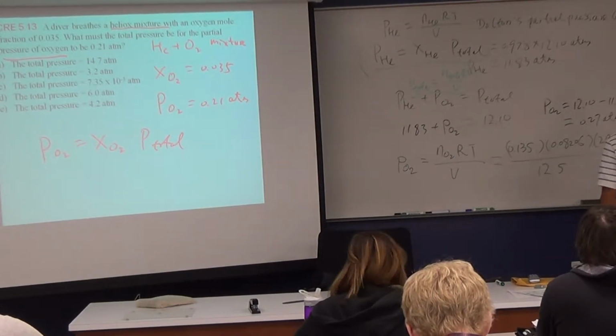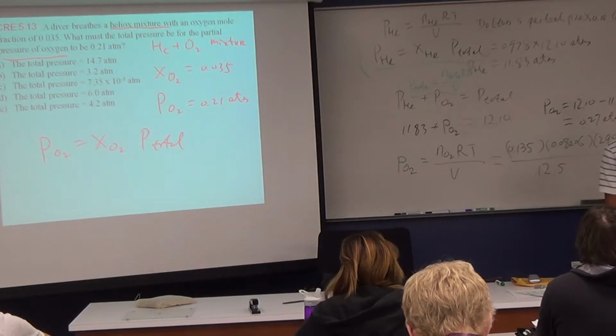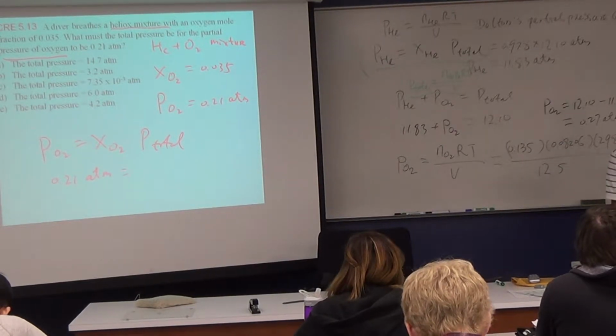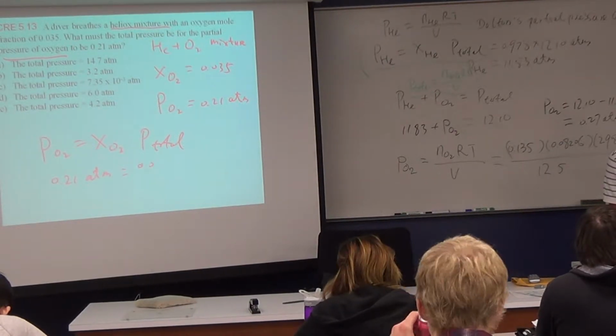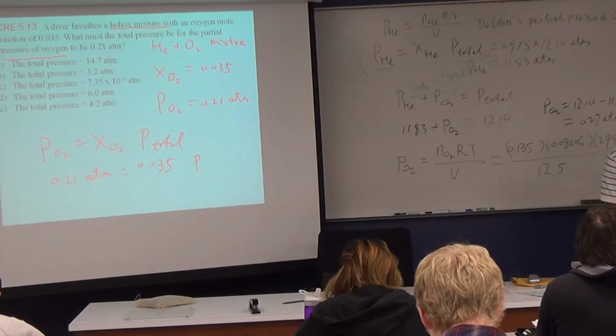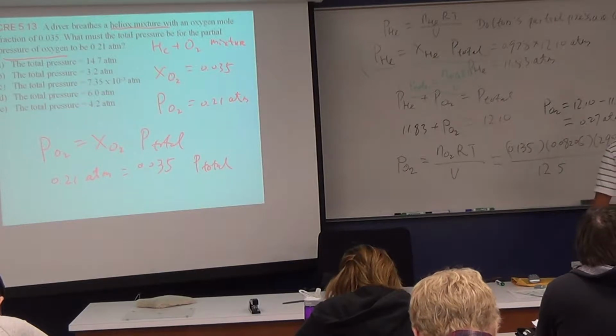Then you just substitute every number: you get 0.21 atm on the left side, and 0.035, which has no unit, times P total, which is the one you want to find out.